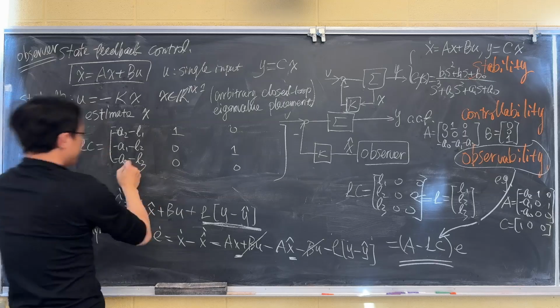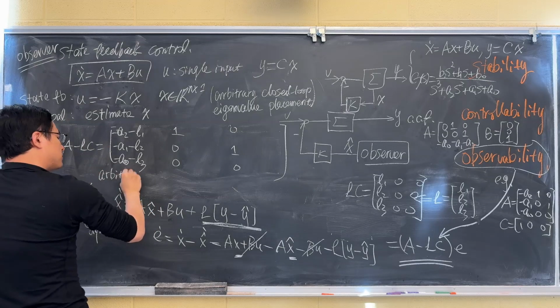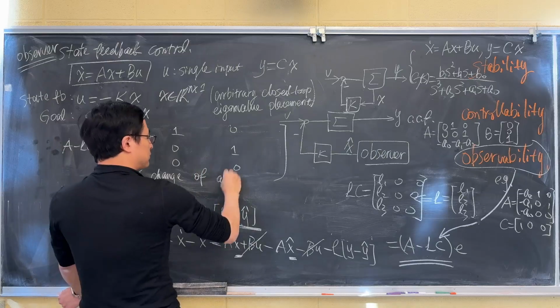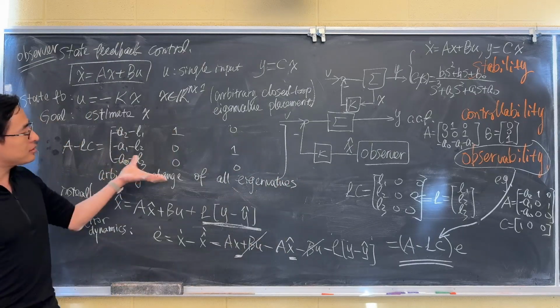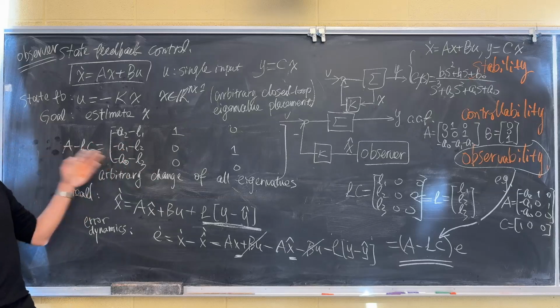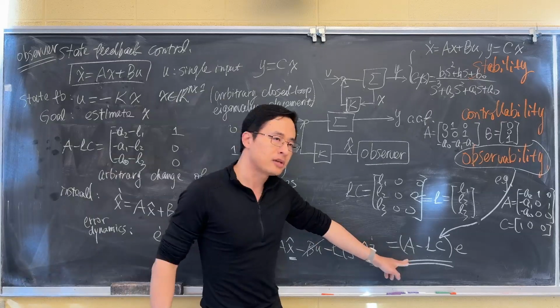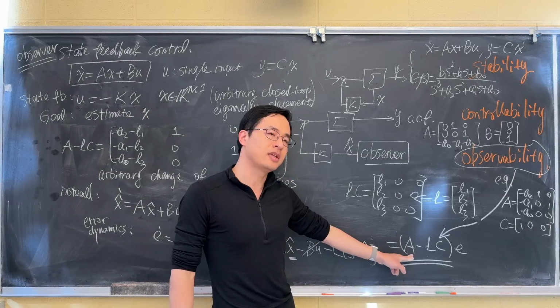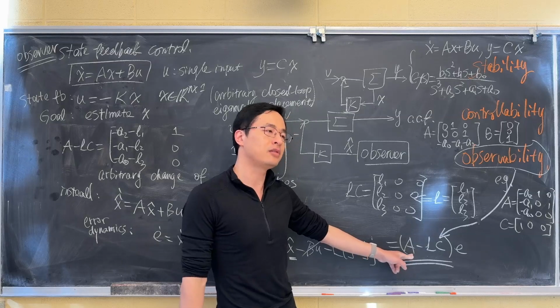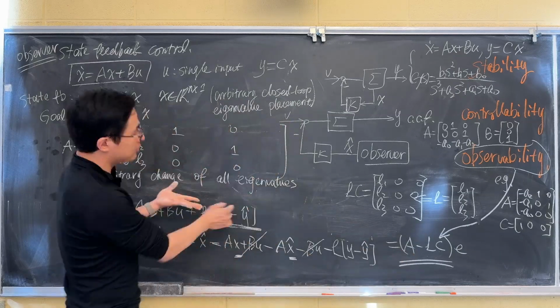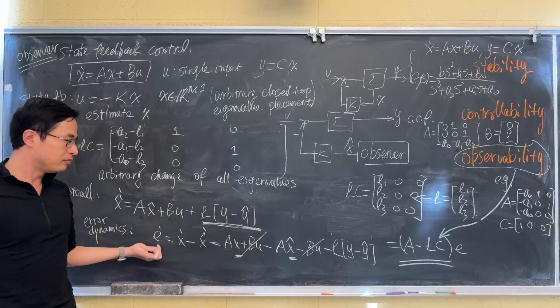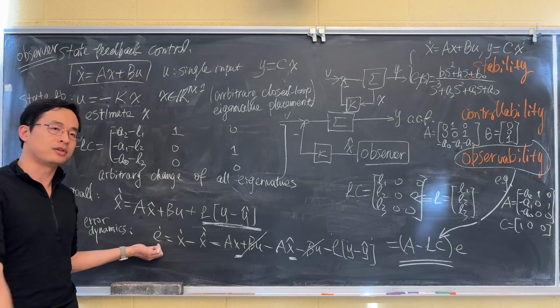All right, so I can arbitrarily change all the eigenvalues of this matrix that represents the dynamics of the error, the estimation error. So that means I can arbitrarily change how my error will converge.